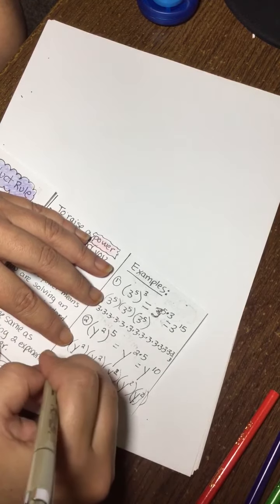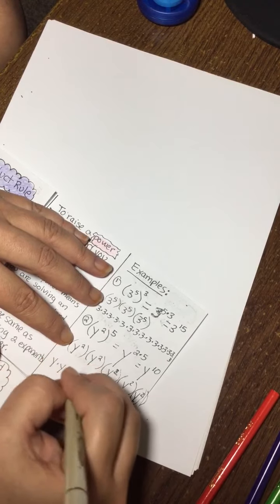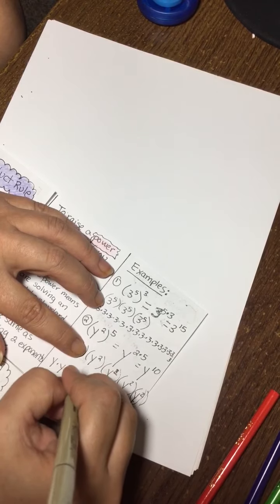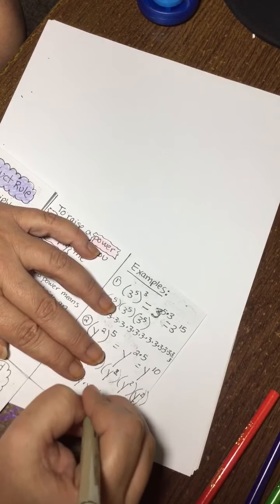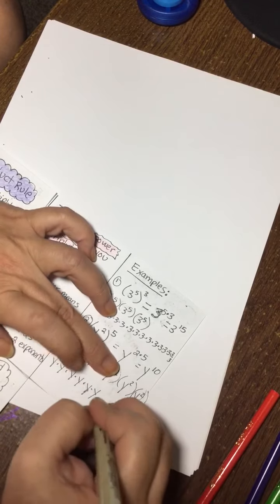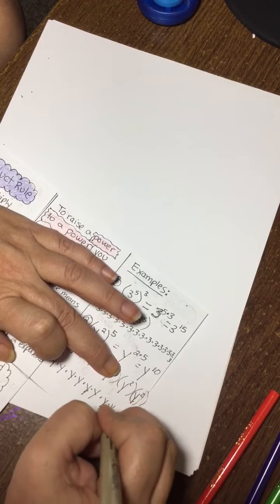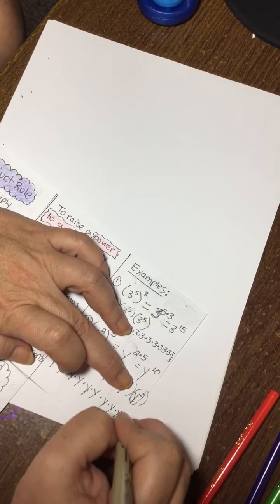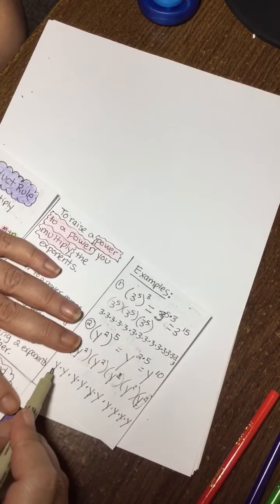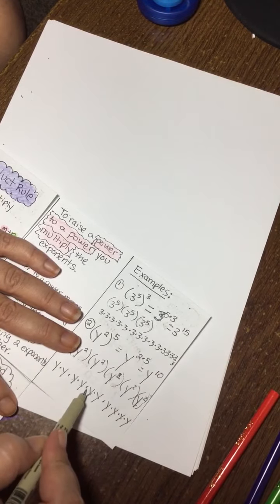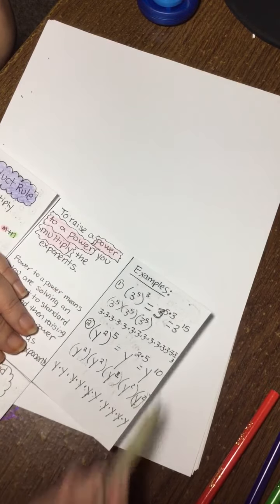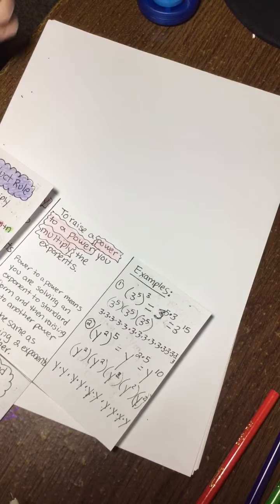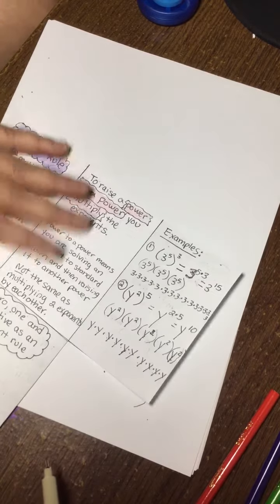If I expand each one out, I have y times another y times y times another y times y times another y times y times another y times y. That becomes 1, 2, 3, 4, 5, 6, 7, 8, 9, 10 y's. Y to the 10th power.